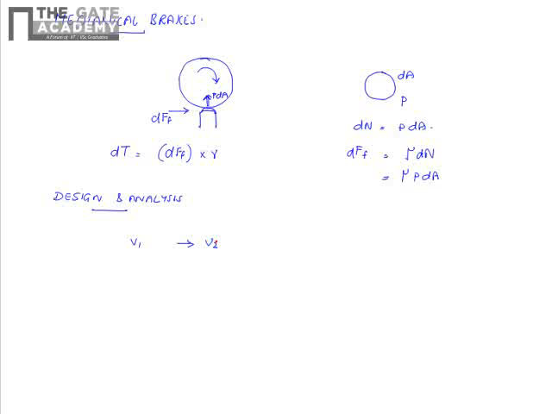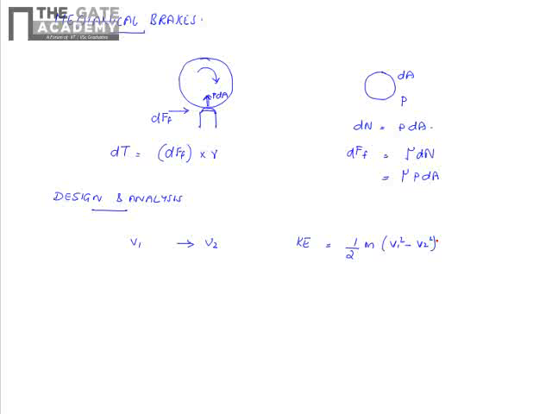Kinetic energy of the moving member is lost by retardation, and this energy is converted to heat due to friction. So what is the kinetic energy lost in this process? It is given by half m into v1 squared minus v2 squared, where v1 is the initial velocity of the moving member and v2 is the final velocity.